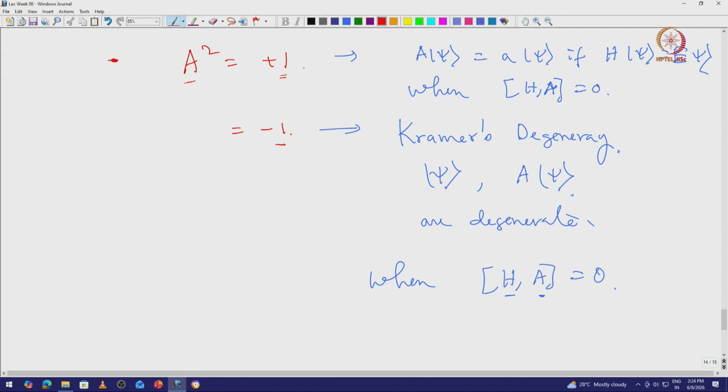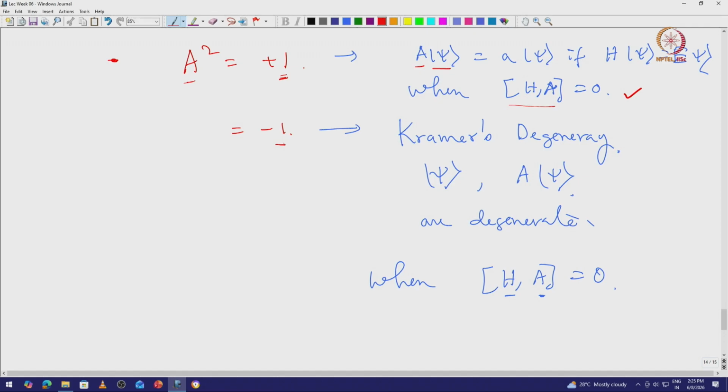We just introduced the idea that in the case where A square equal to plus 1, the state is also an eigenstate of the operator when A is a symmetry.